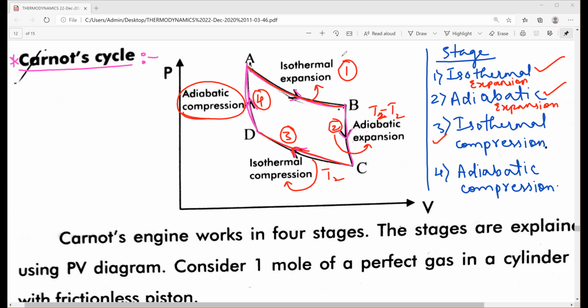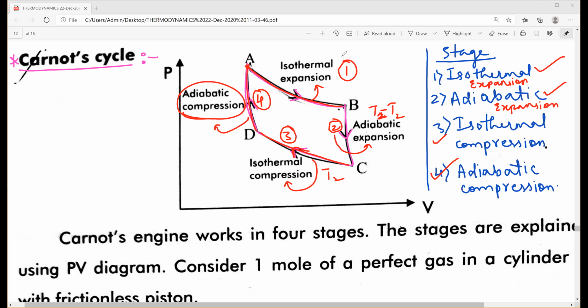Next, the fourth step is adiabatic compression. Again, the cylinder is placed on a non-conducting stand. The gas is compressed adiabatically till it returns to the initial stage, point A. So this adiabatic compression is represented by the curve D to A. So that is the adiabatic process.